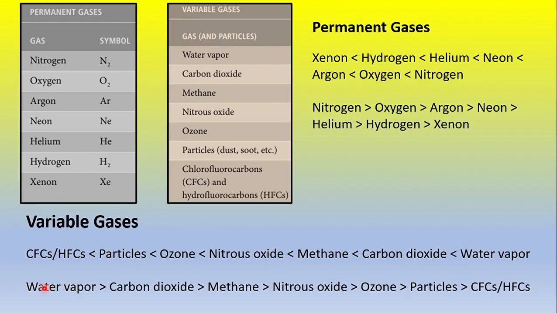The reverse is the decreasing order. Remember this; try to take a screenshot of this slide and write notes of the increasing and decreasing order. This is very important, the most important slide in this lecture. Questions come from this slide in CSIR-NET and other exams like GSI prelims.